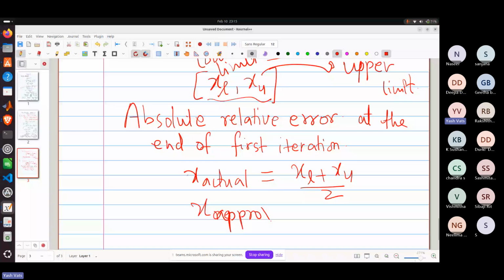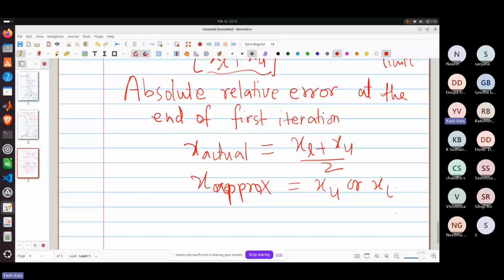Just find the relative error using the formula that I described. These are of course approximate values, not the exact, but after the first iteration, this is the actual. So it's a hint. Just calculate the error and tell me what that is. You have 2 minutes for this.